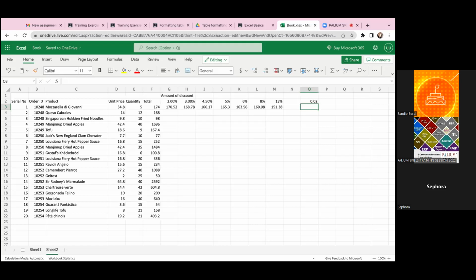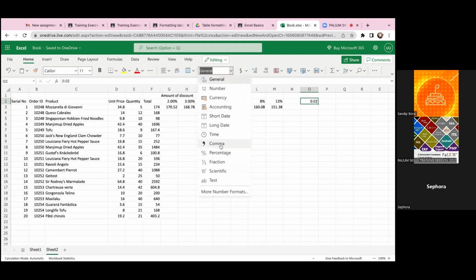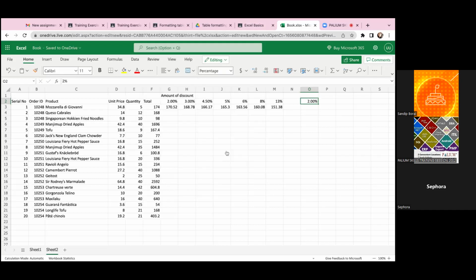Yes. Now click on 0.02. Go to general and make it percentage. Understood what it did?